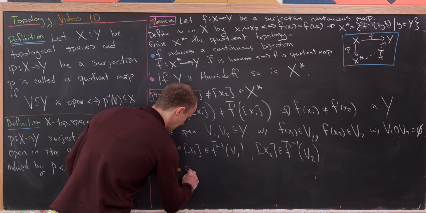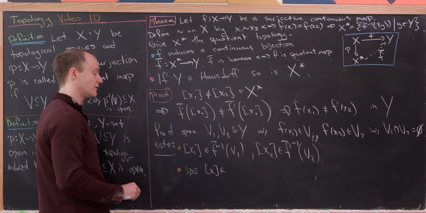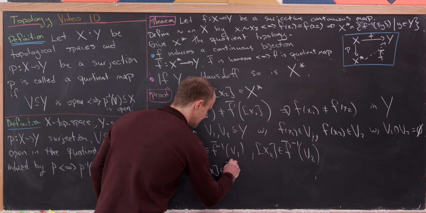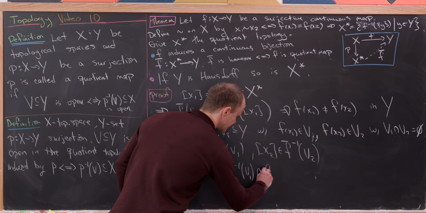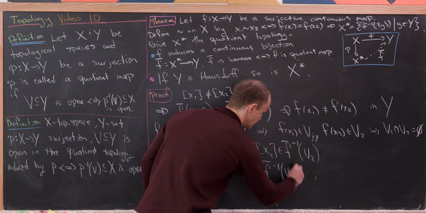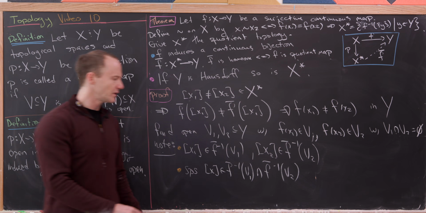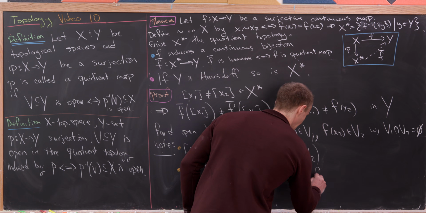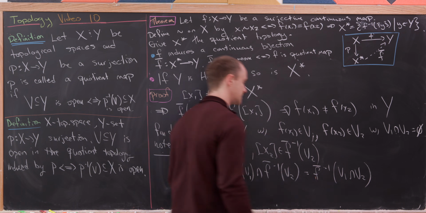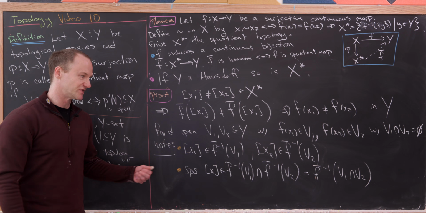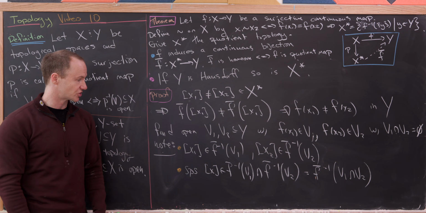So we can do that by supposing that they do overlap. So let's say we've got an equivalence class X that's inside of F bar pre-image of V1 intersected with F bar pre-image of V2. But then I think we can smash these together to give that F bar pre-image of V1 intersected with V2, by just how functions on sets work with intersection.